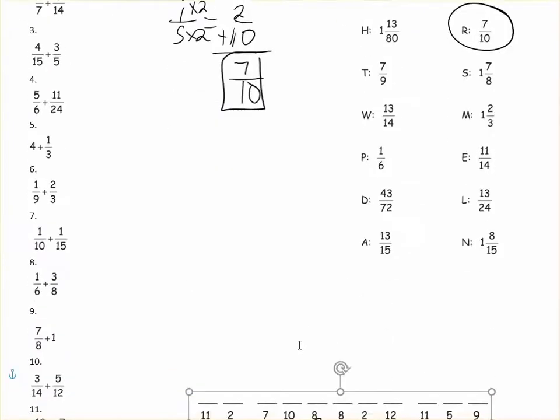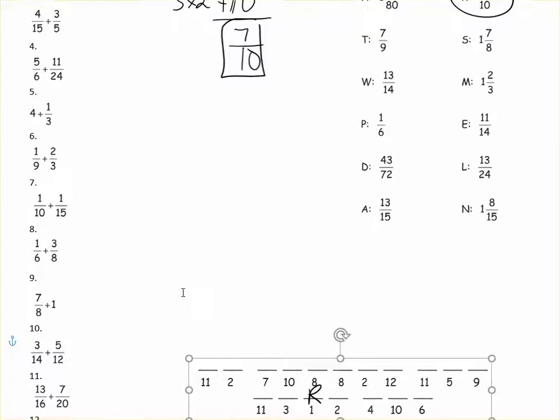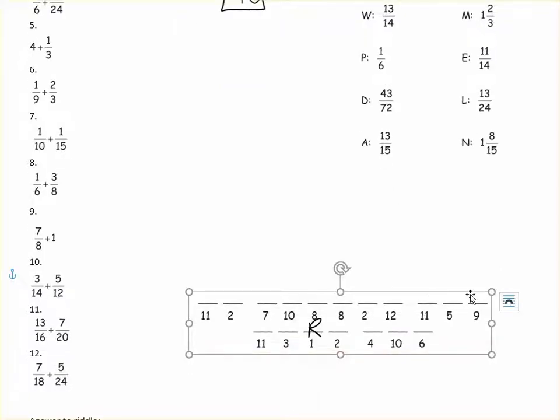Okay, let's look at another one that doesn't have 1 in the numerator. How about number 10? In 10 we have 3/14 and 5/12. Our first step is to find a common denominator.